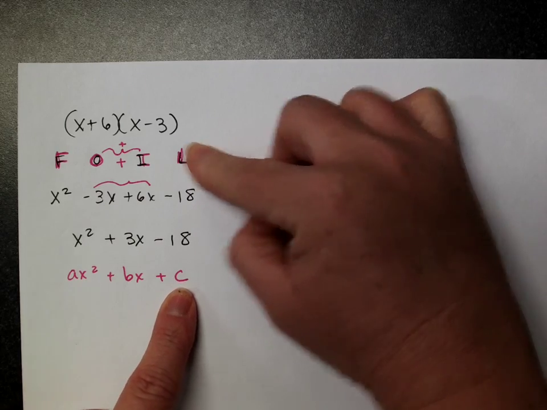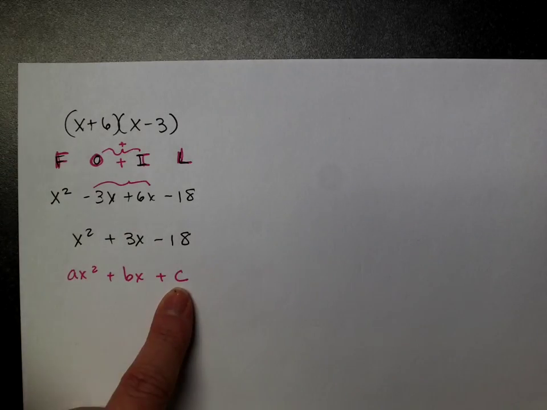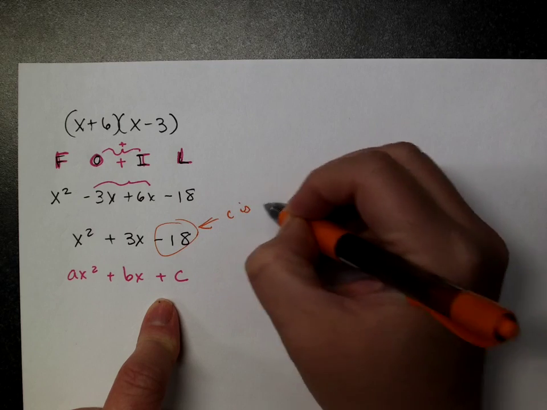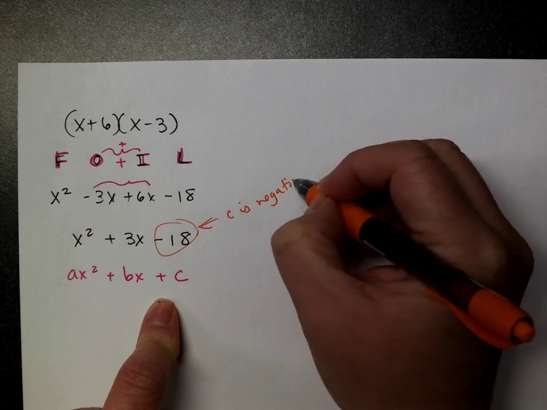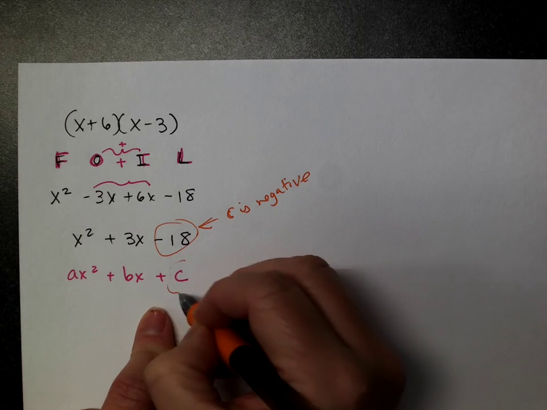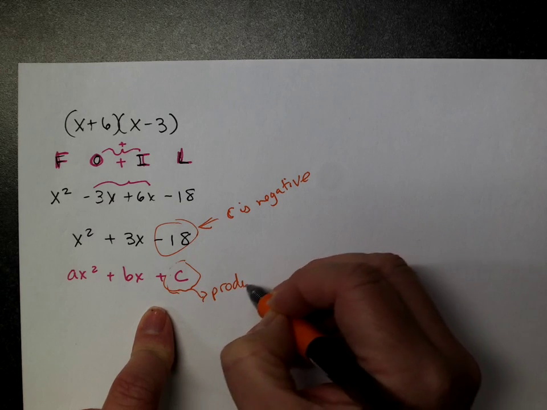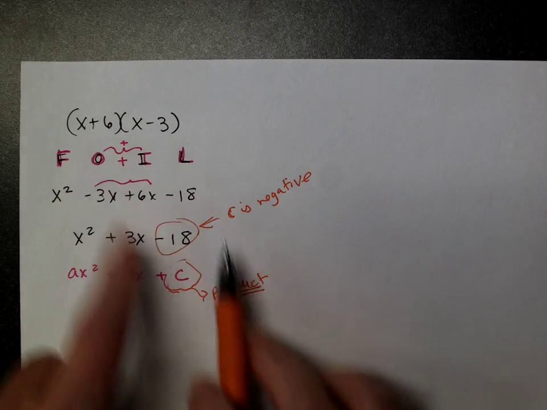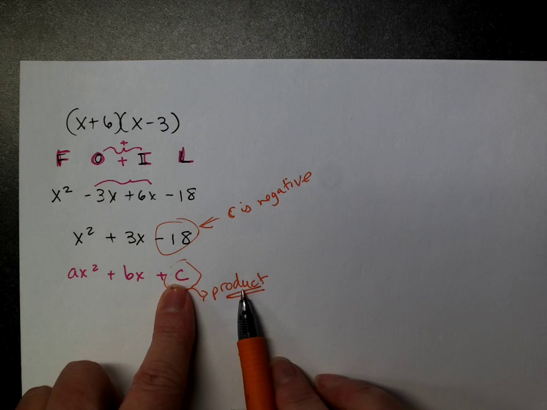Now, if your C, like in this case, is negative, your C is a product of your 2 constants. In this case, it's positive 6 times negative 3. That gave you your L, and so that C is a product.